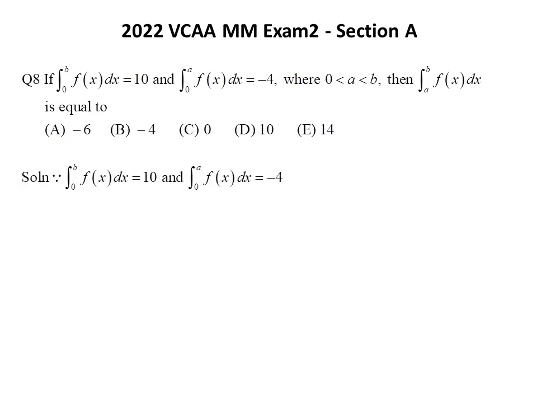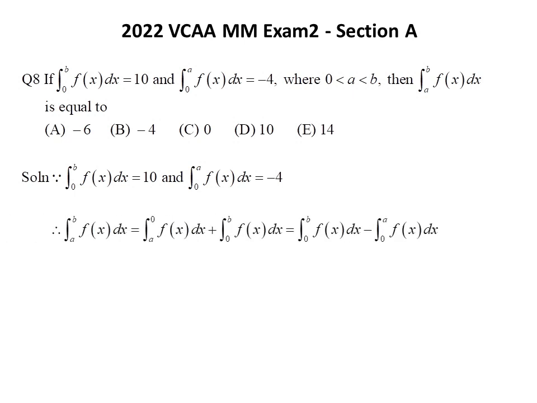According to the values given in the above two definite integrals, the definite integral from a to b of f of x with respect to x can be written as the definite integral from a to 0 of f of x with respect to x plus the definite integral from 0 to b of f of x with respect to x, which equals the definite integral from 0 to b of f of x with respect to x minus the definite integral from 0 to a of f of x with respect to x.